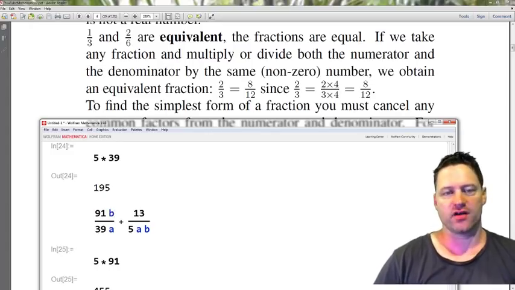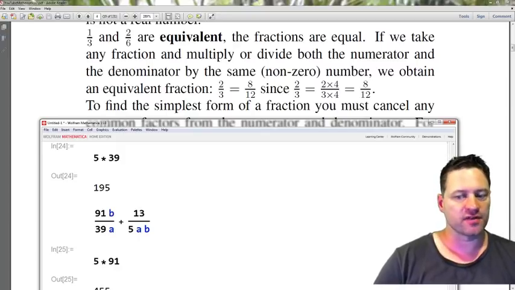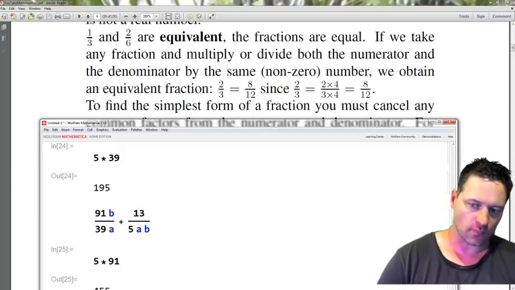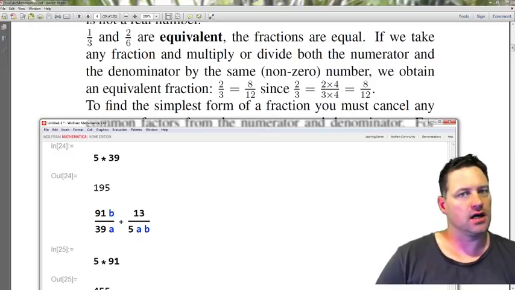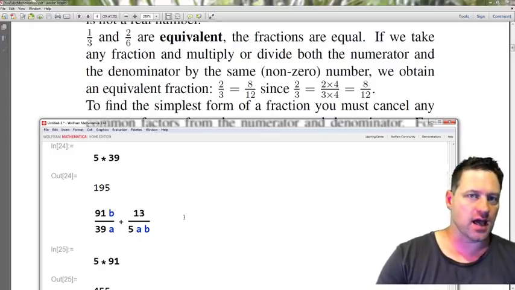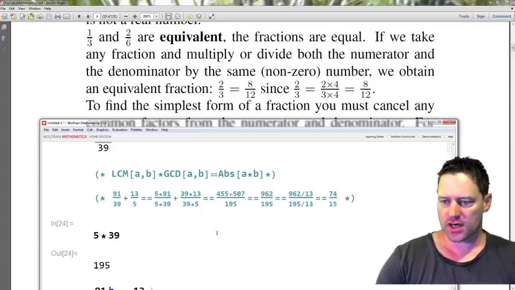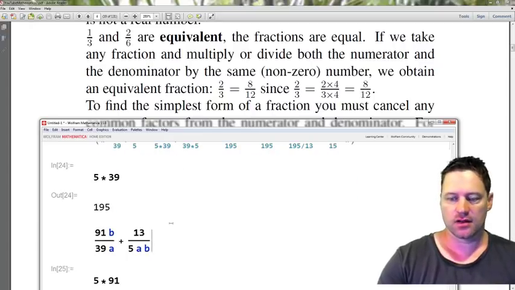Okay, all right, now we have an algebra problem to simplify. We want to simplify this, add the result, and reduce the fraction. Okay, so what would we do? We need still a common denominator. So now what did we learn up here? That we need a common denominator of 195.